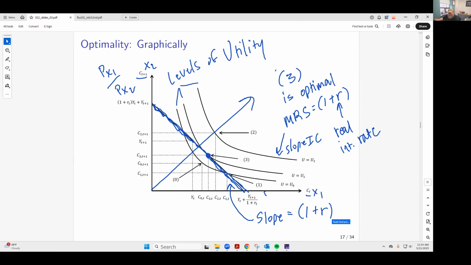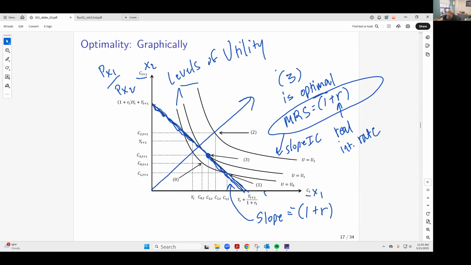Now, one thing I wanted to mention that I had not mentioned, and there's probably a lot of you that have wondered about this. Obviously, both the indifference curves and the budget constraints are downward sloping, right? So the slope of the indifference curve is negative, and the slope of the budget constraint is negative. You'll notice that I don't ever really have those in there. The reason is that in this condition, MRS equals 1 plus r, you can just get rid of the negatives.